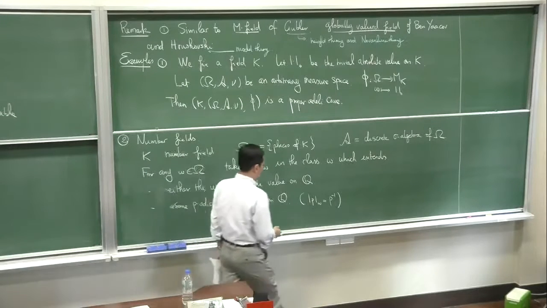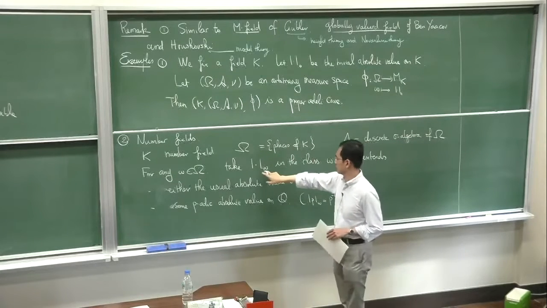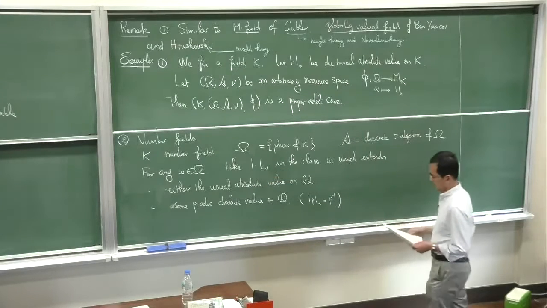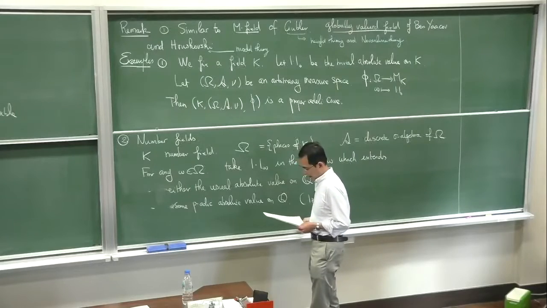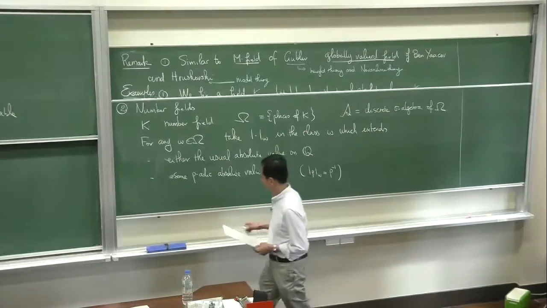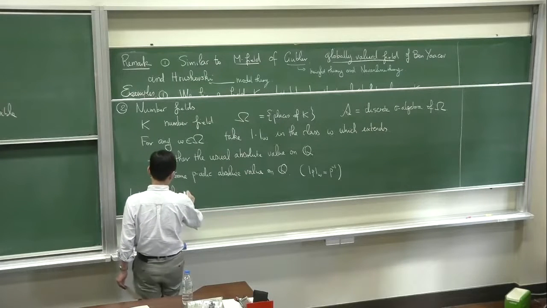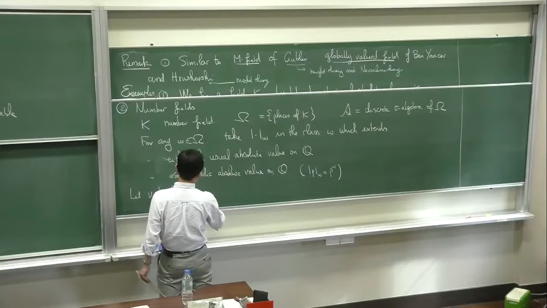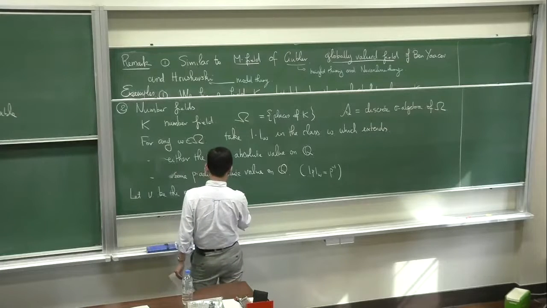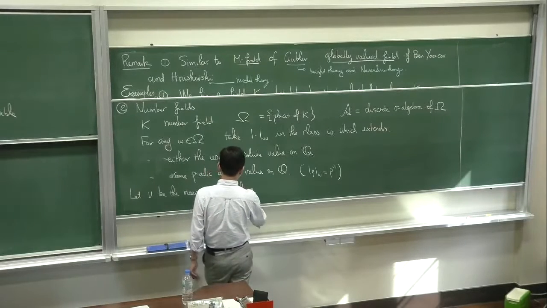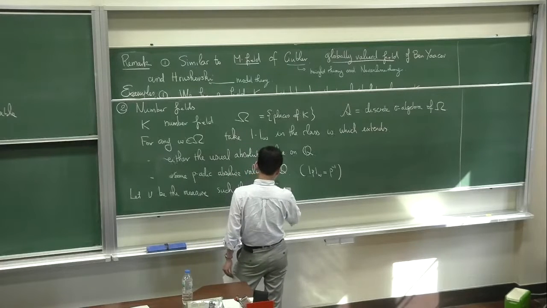Okay, then I get a map from omega to M_K, because for each class I pick one representative in the class. So it remains to introduce a measure. So let nu be the measure. Since I consider the discrete sigma algebra, I only need to specify the measure of each point.